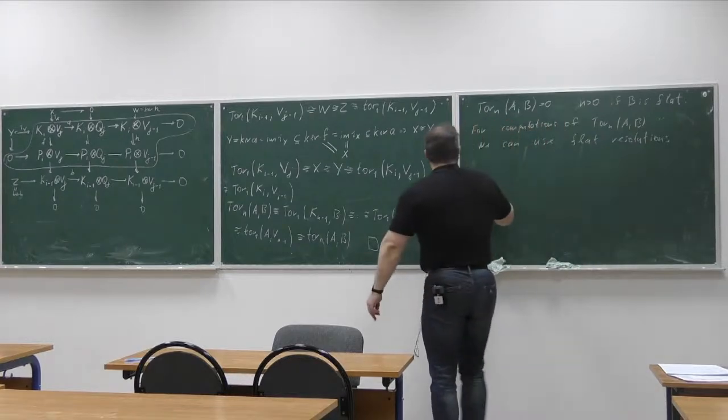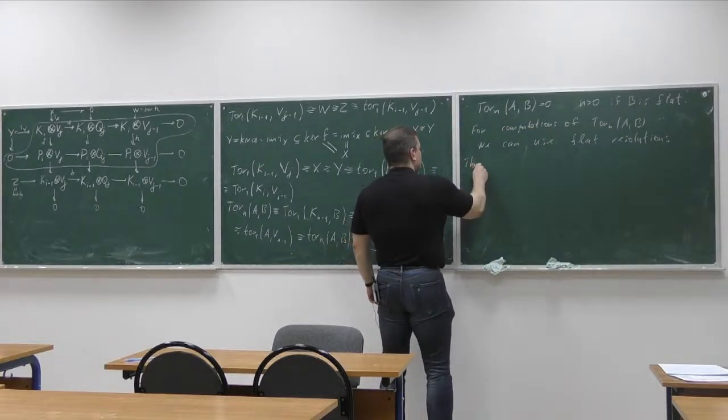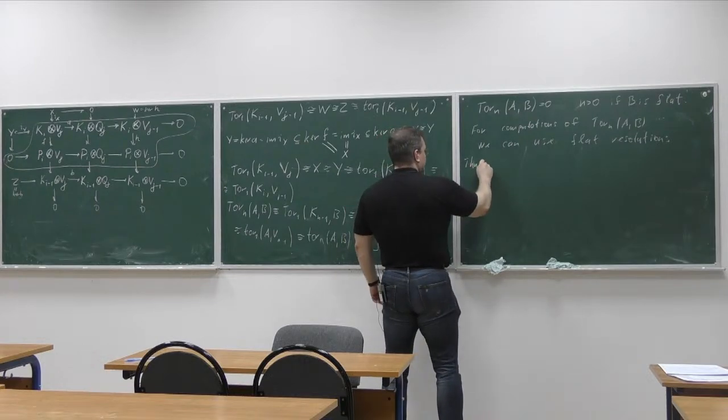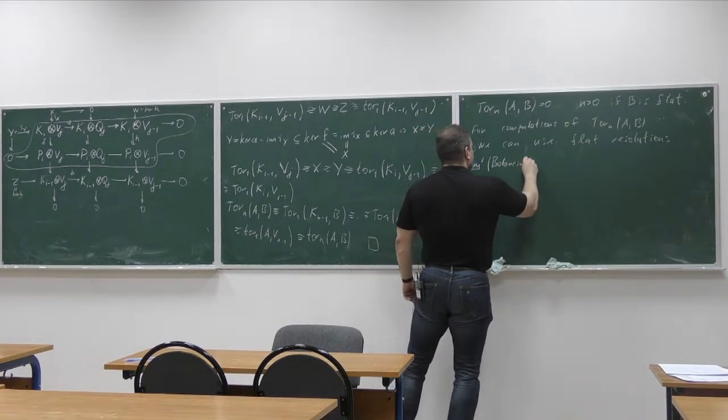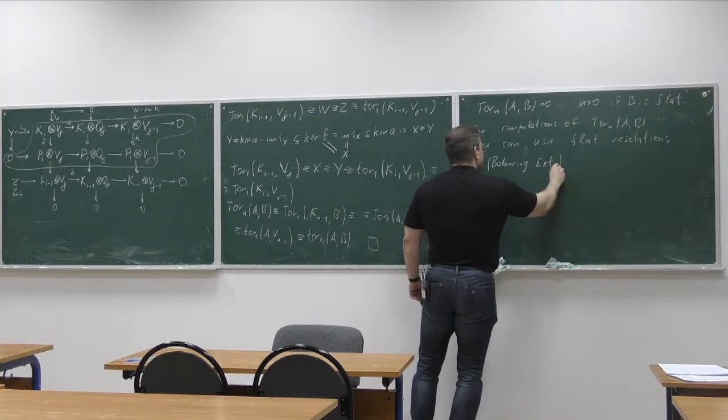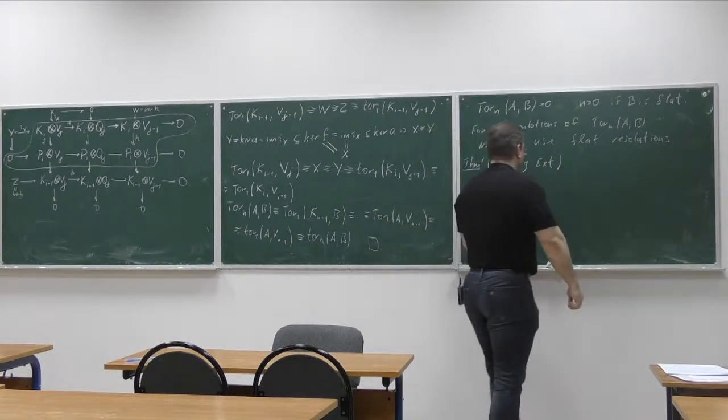Okay, and finally, this theorem that I just proved about balancing Tor has an analog, so let me call this theorem star, and this is balancing Ext. It's more or less the same statement.